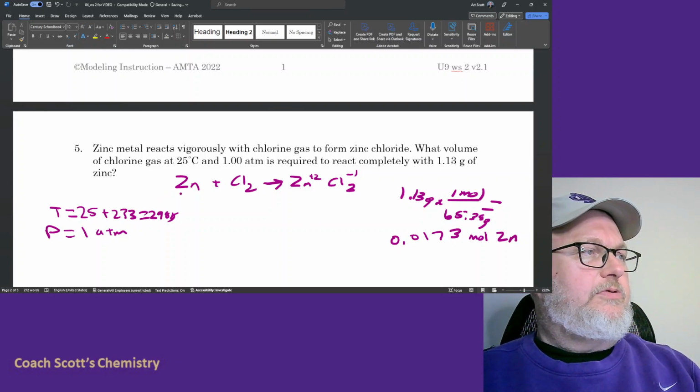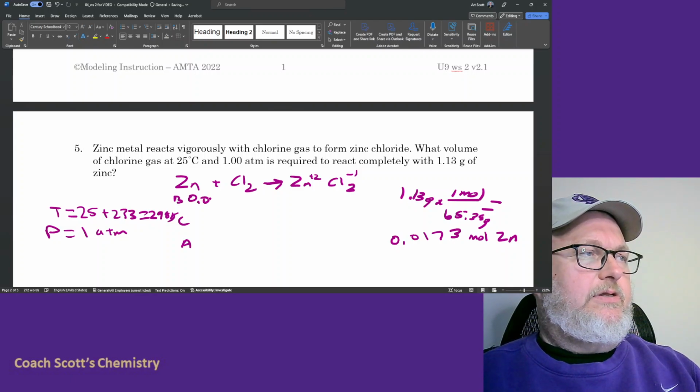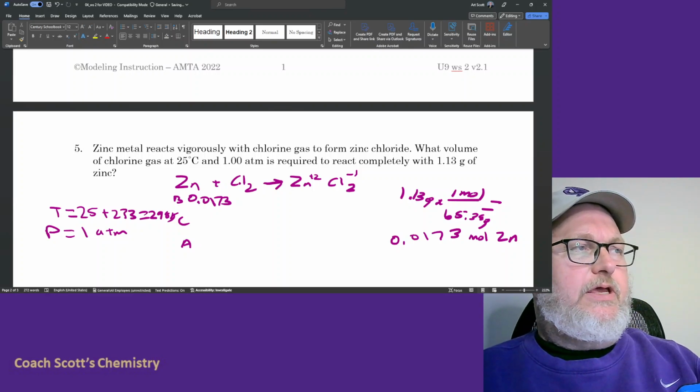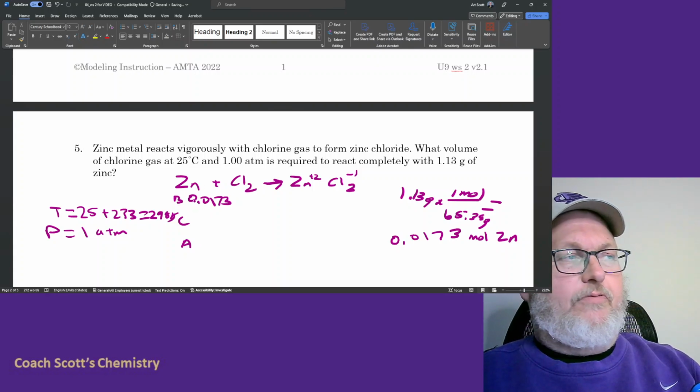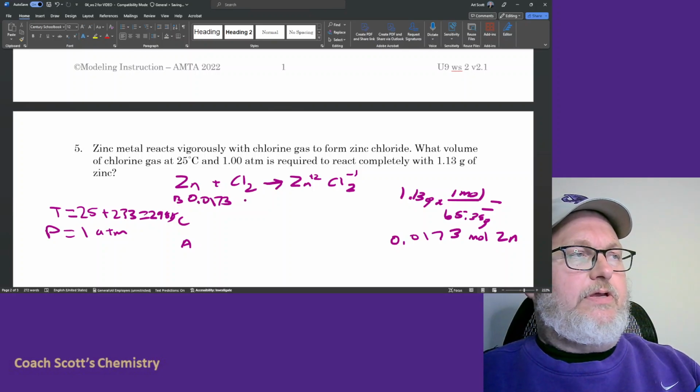All right, so let's do a BCA. So I've got that many moles of zinc at the beginning of the reaction. For every 1 mole of zinc, I'm going to need 1 mole of chlorine gas. If I don't have 1 mole, I've got 0.0173, so of course I'm going to need 0.0173 moles there.